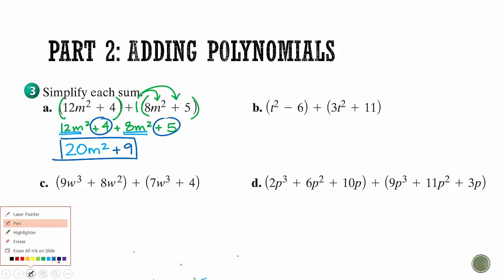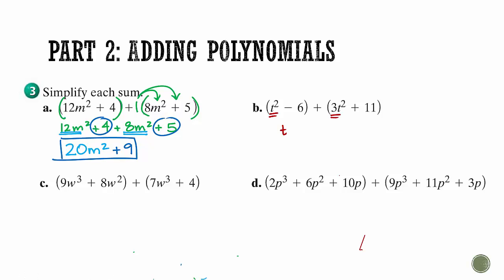Now there's another cool thing that you can do, and it's kind of like back when you learned how to add, is you can line things up. So like this and this are both a t squared. So I could rewrite this as t squared and then minus 6, and then put 3t squared plus 11 over top of them, and then just add.